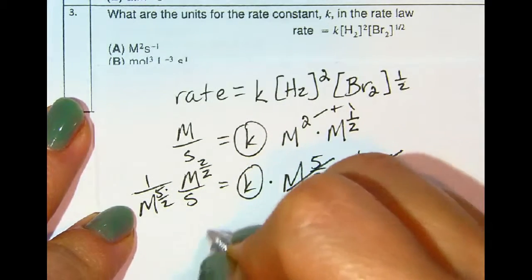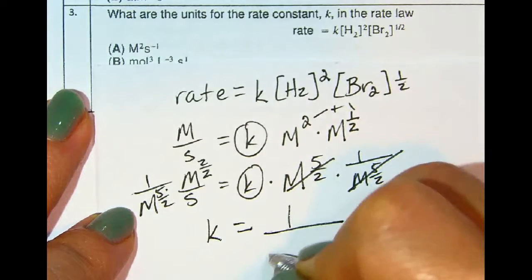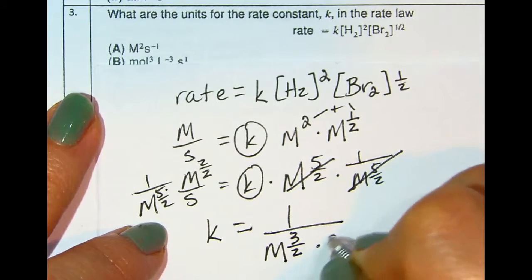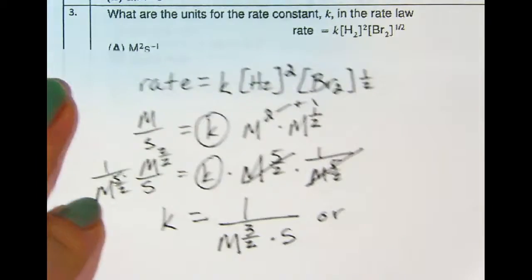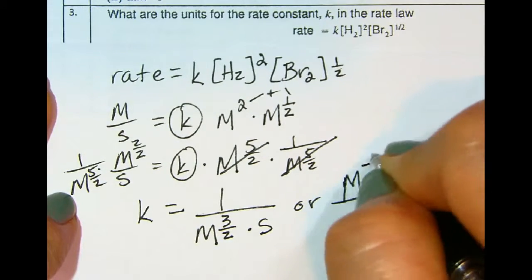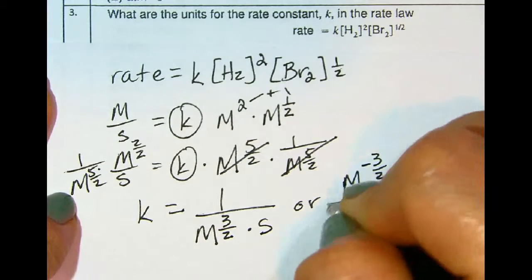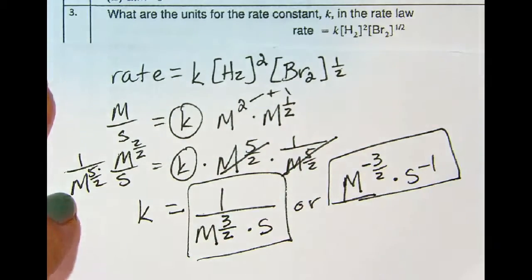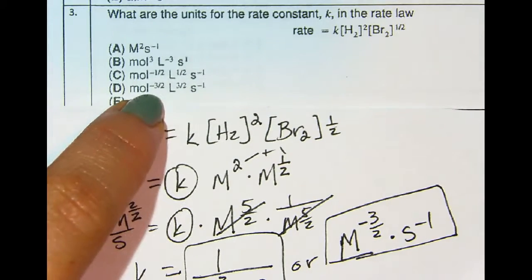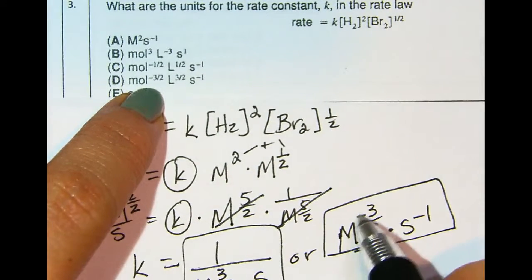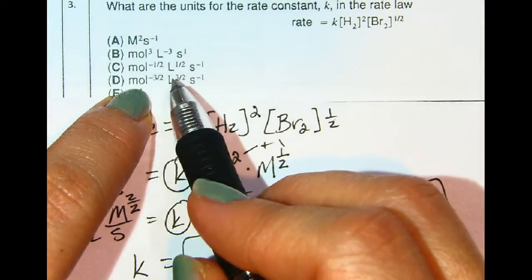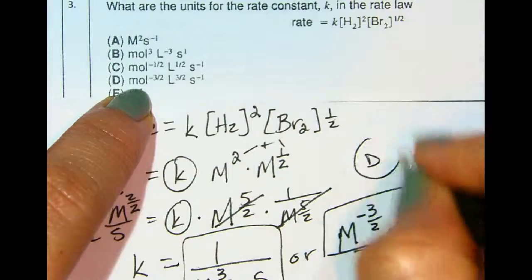And I'm going to be left with K is equal to 1 over the molarity to the 3 over 2 power times seconds, or molarity to the -3 over 2 times seconds to the -1 are my two options. And so that's going to give me letter D, which, recall, molarity to the -3 over 2 would be the same as moles to the -3 over 2 times liters to the +3 over 2. So D is going to be the correct answer.